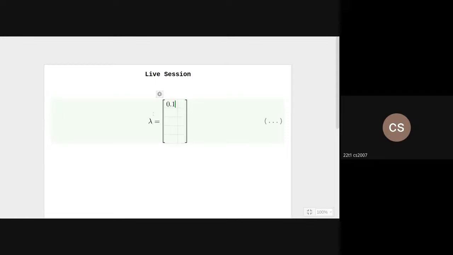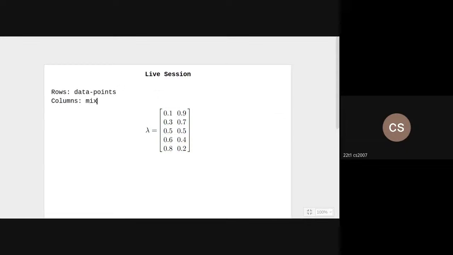The points are in the rows. For the first point, the probability that it goes to mixture 1 is 0.1, so this should be 0.9. For the second data point, the probability that it goes to mixture 1 is 0.3, then the other probability is 0.7. Let's say for this it's equal. So rows are data points, columns are mixtures.